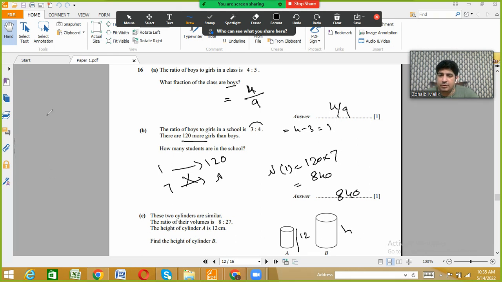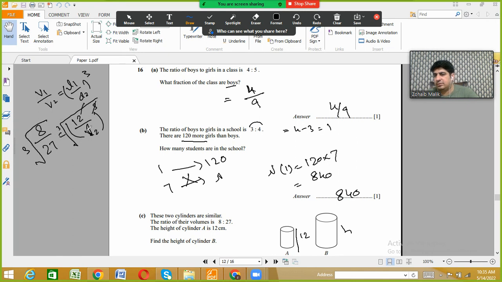So we know that V1 over V2 is equal to (length 1 over length 2) cubed, and V1 over V2 is 8 over 27, equal to the height of A, 12, over length 2, which we have to find. For this purpose we have to eliminate this cube, so let's take the cube root on both sides.